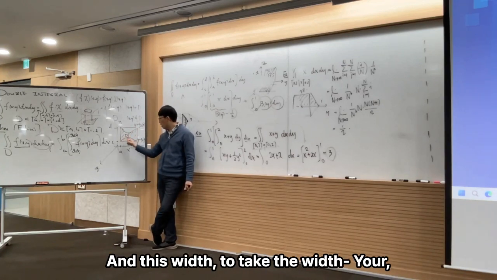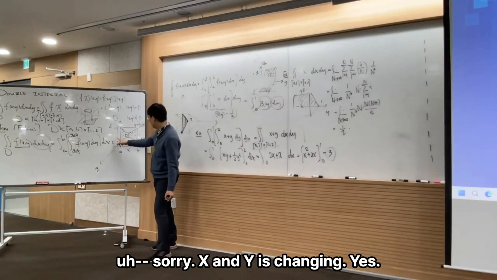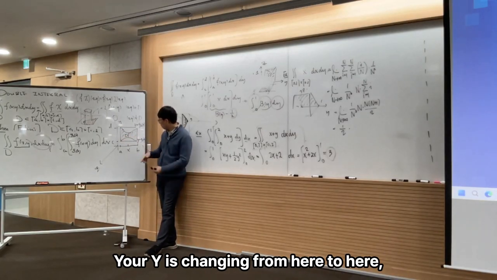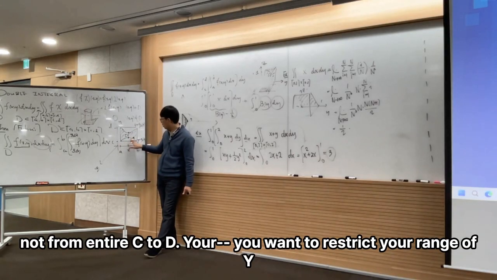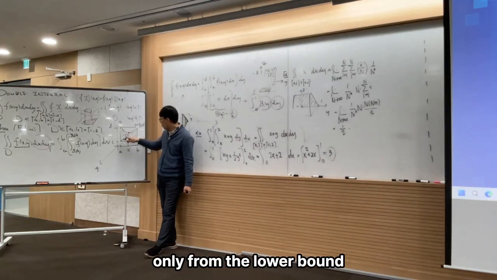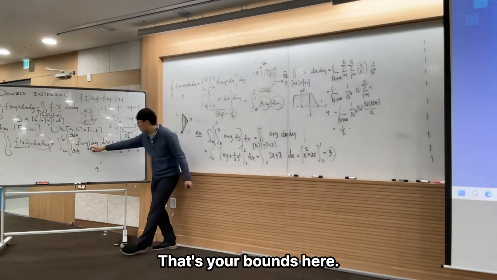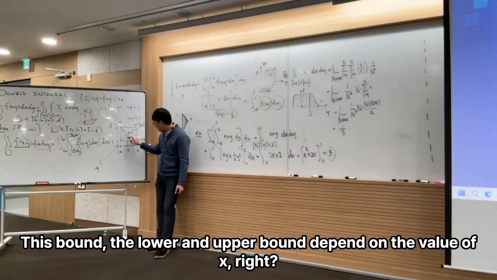To take the width, your y is changing from here to here, not over the entire range from C to D. You want to restrict your range of y only from the lower bound to the upper bound of your region D. That's your bounds here. These lower and upper bounds depend on the value of x.